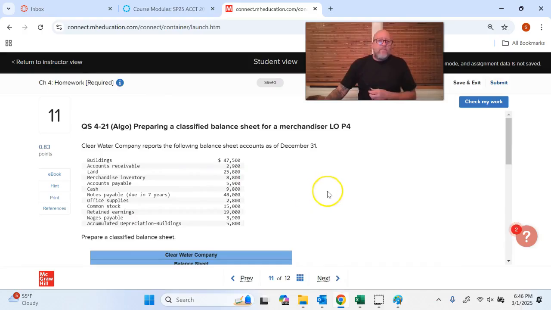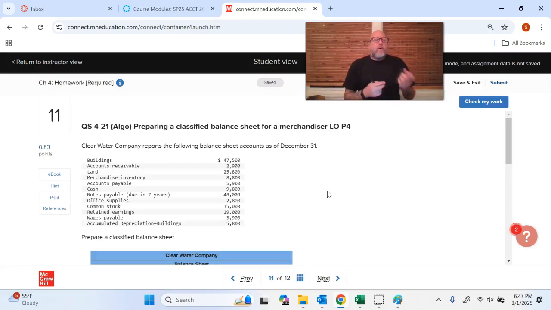Question 11, prepare a classified balance sheet. Again, I would go look at the PowerPoint slides, but in essence, this question is asking us to break out the assets and the liabilities between our current assets and long-term assets and current liabilities and long-term liabilities.